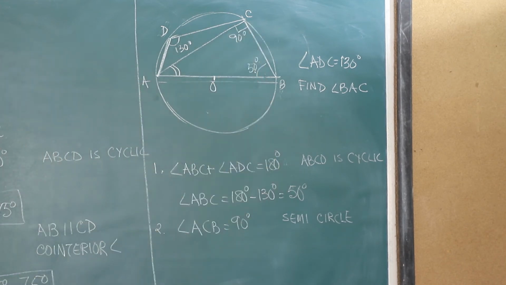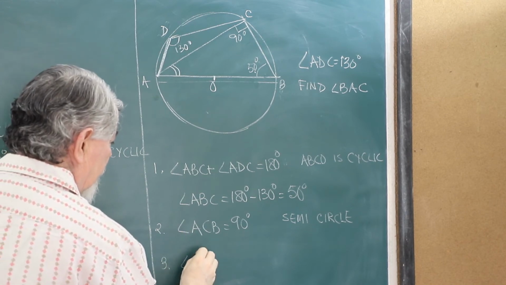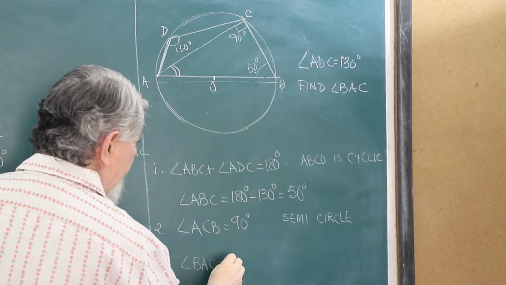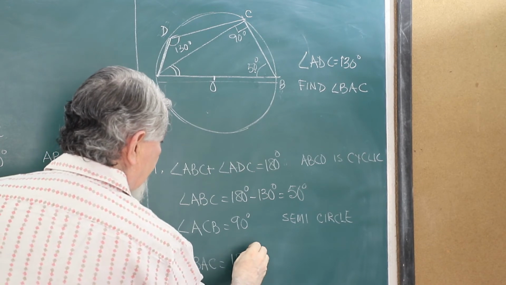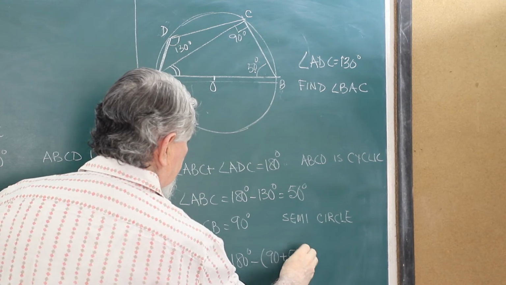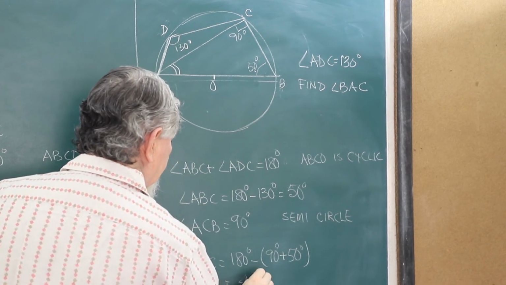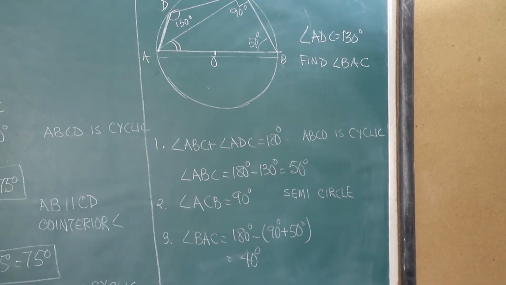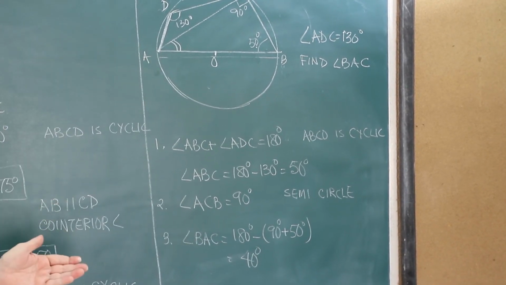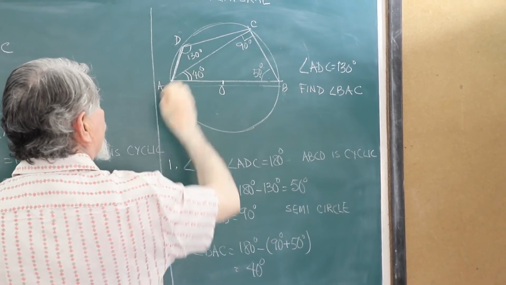So now what will be the value of angle BAC? Angle BAC will be 180 minus 90 plus 50. It will come out to be 40 degrees, because the sum of the angles of a triangle is 180 degrees.